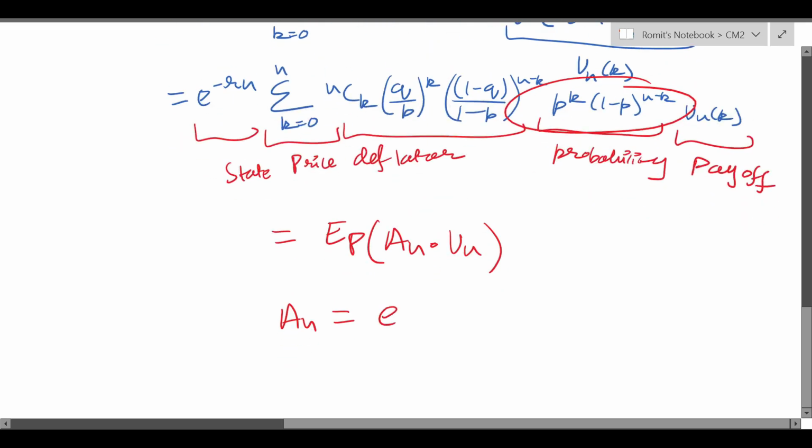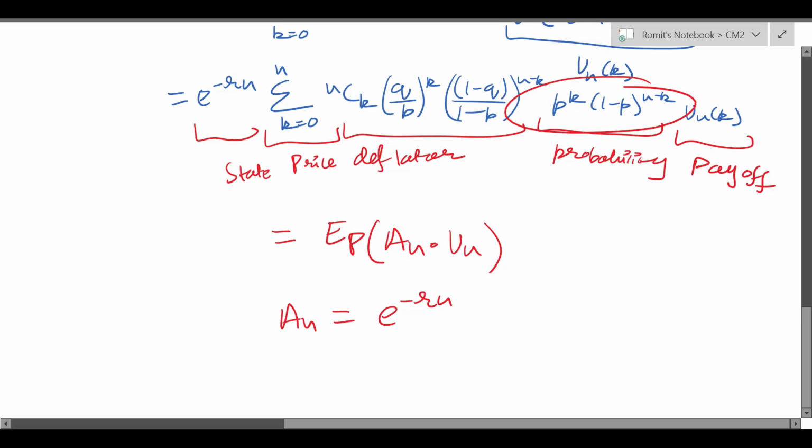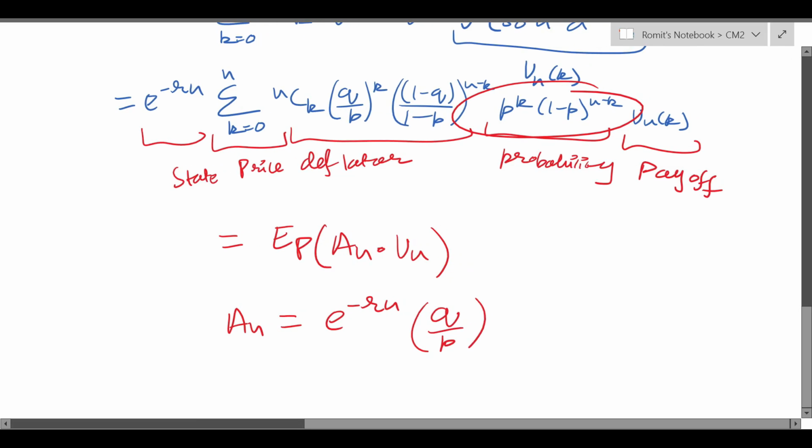So it's e to the power of minus Rn, you'll have n increases, then q by p to the power of k. Let's call it a random variable. Let's say the number of increases is a random variable called Nn. In n periods, how many increases you see?